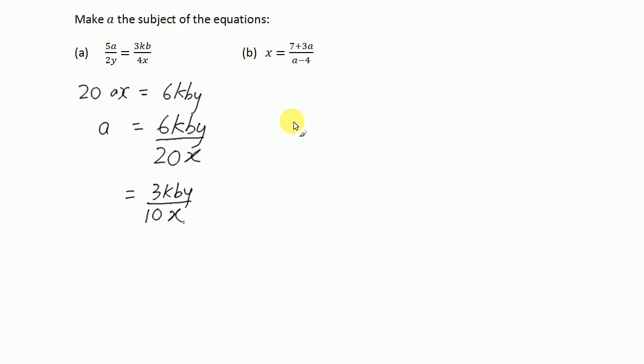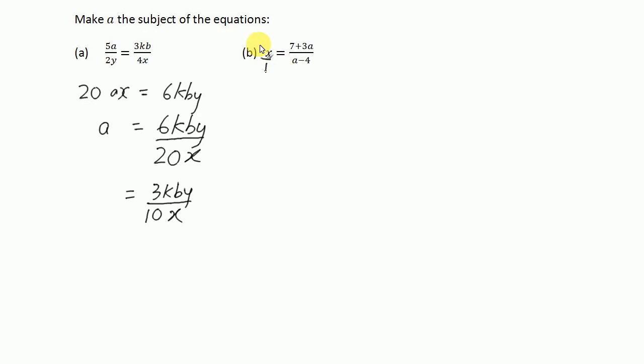Now for part B, we have x equal to this, and again we are asked to make A the subject of the formula. You notice there's a here and there's a here. Again we will cross multiply, but first we'll write x as x over 1.